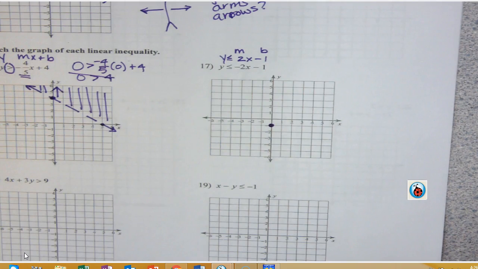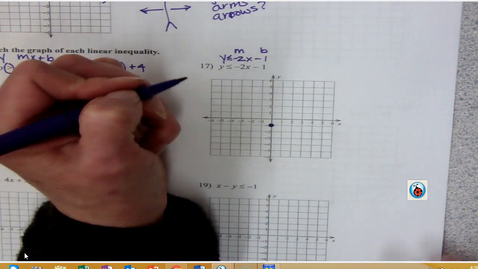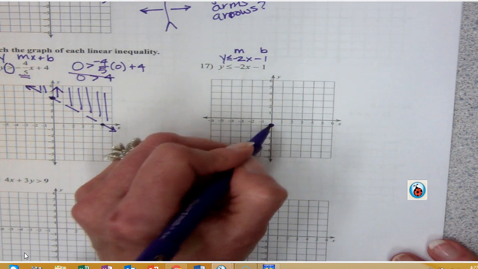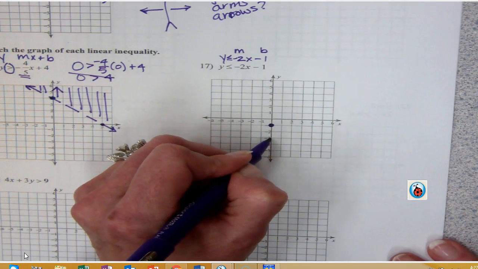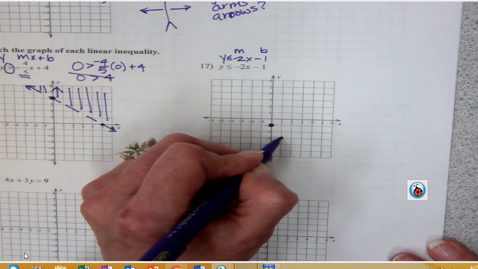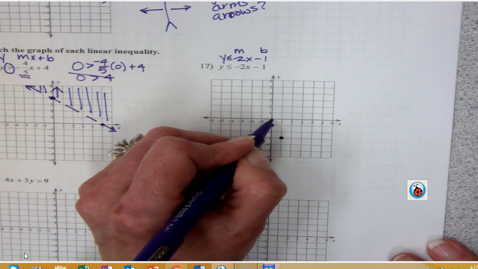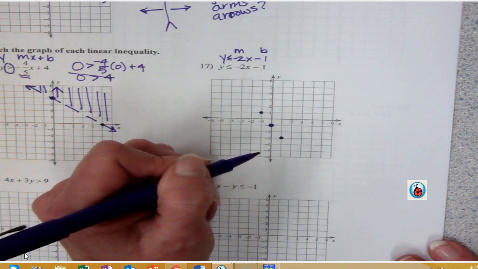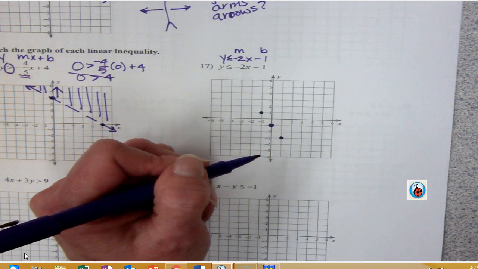Then this should be a negative slope. My slope is negative 2, so I'm going to go down 2, 1, 2, and over positive 1. Or I can go positive 2 and negative 1. As long as one's negative, I keep my slope negative.